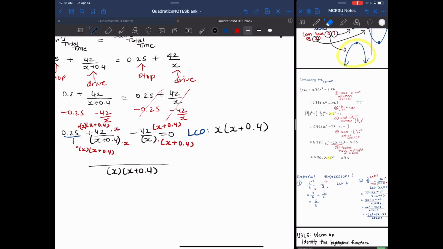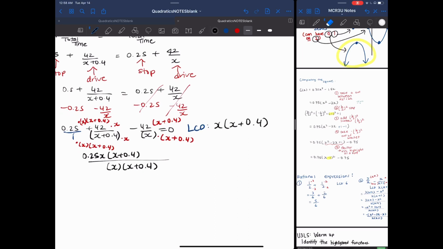And then I have 0.25x bracket x plus 0.4 minus 42 bracket x plus 0.4. I definitely missed the middle part, which was plus 42x, and then minus 42 bracket x plus 0.4, all of that equaling 0.